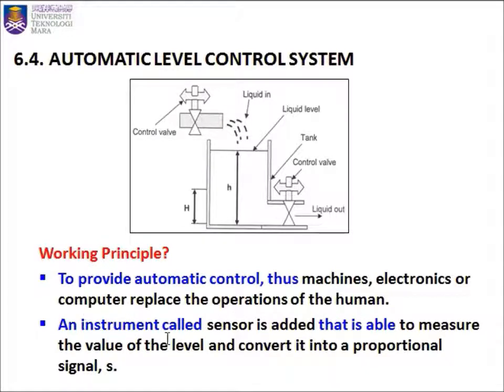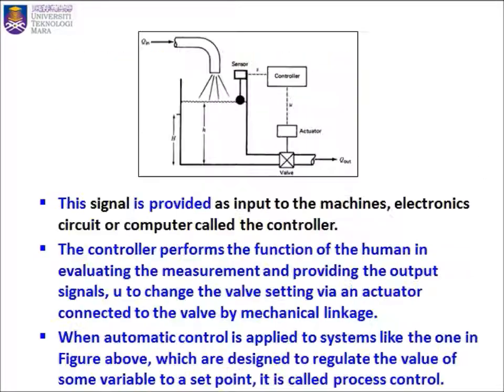Okay, an instrument called a sensor is added that is able to measure the value of the level and convert it to the proportional signal S. Okay, so kita ada signal sensor lah seperti dalam gambar ni. Okay, sensor ni akan bagi maklumat berapa tinggi ataupun berapa perubahan yang dalam tangki ni.